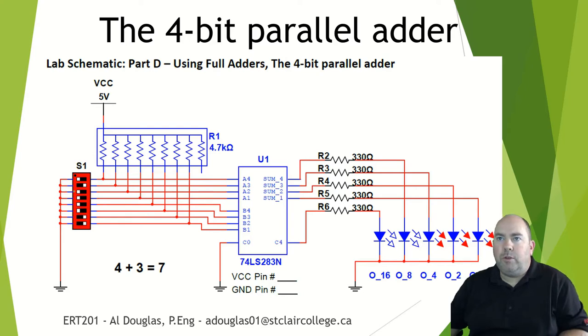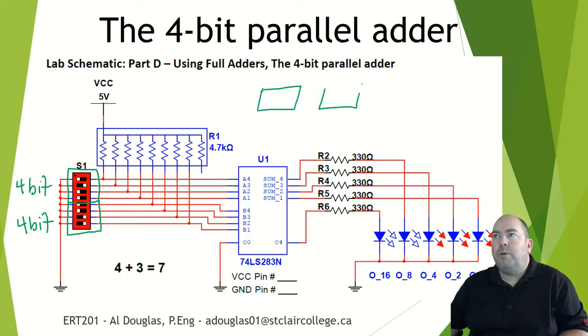Now the way that they show this here, they have an 8-position dip switch. So they're basically breaking this in two. So this gives you 4 bits. This gives you 4 bits. It's probably the way we'll do it in our lab. We can do 2 separate switches, just to make things easier to follow.